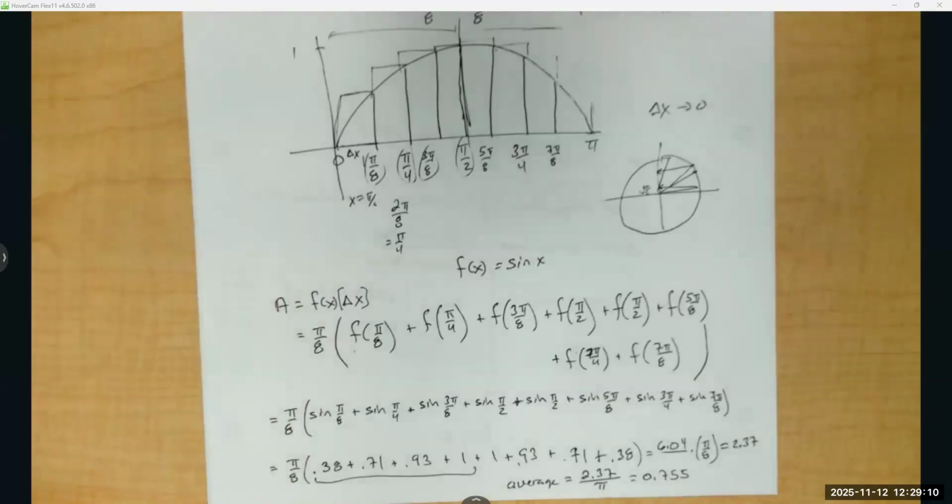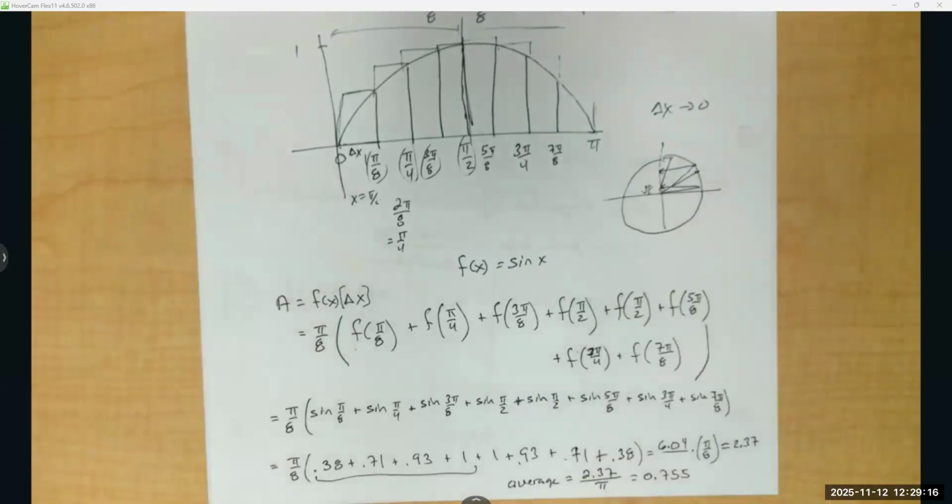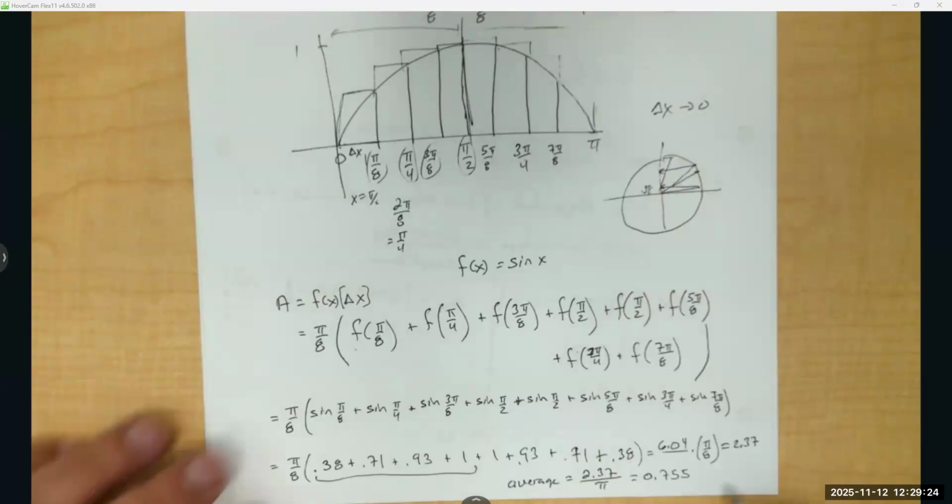It's 0.7576, because that's the width of our whole interval from 0 to pi. There's the end of that section.